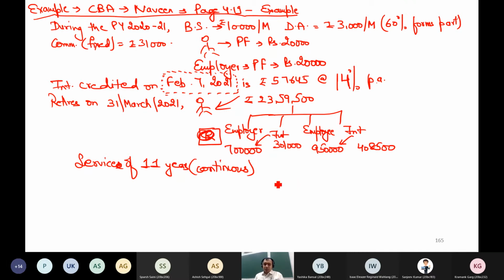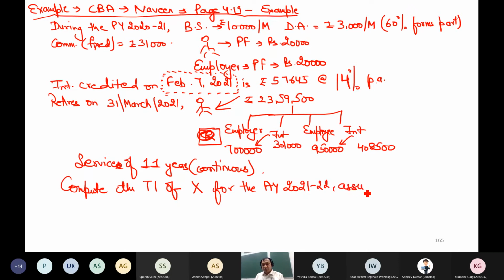Question says now that you compute the total income of X. This person is X. For the assessment year 2021-22, there are three different sub-questions in this.